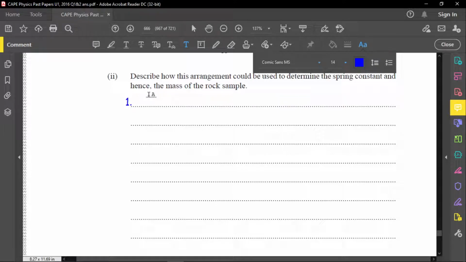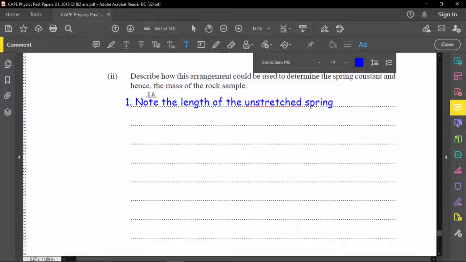So the first step is to actually note the length of the unstretched spring. So it's very important for you to note that first.